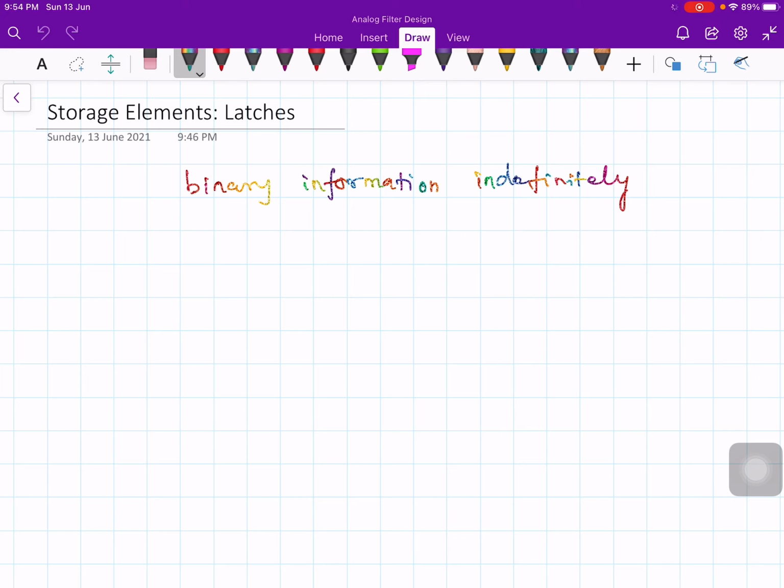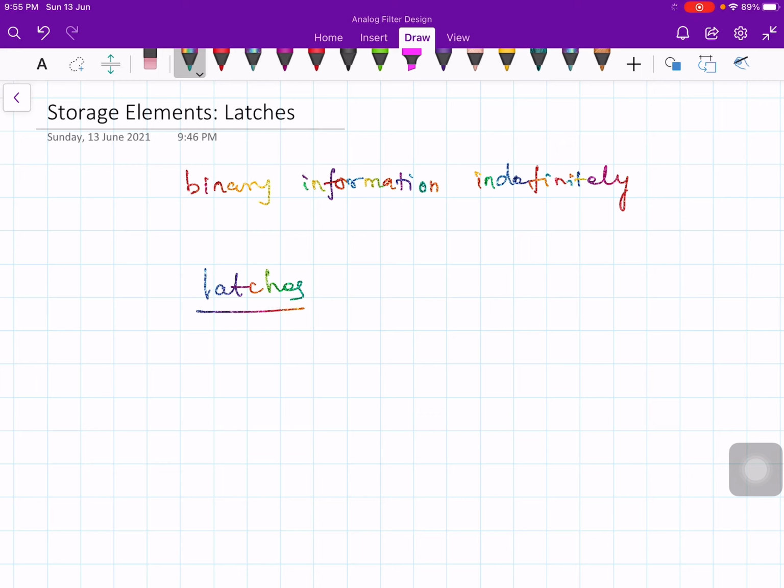So the major differences among various types of storage elements are in the number of inputs they have, how many inputs you are going to give, and how you are going to control it. Based on that, you can classify the storage elements. The storage elements that operate with signal levels are referred to as latches.